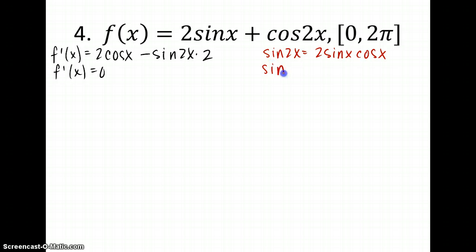And you can verify that property by splitting 2x into x plus x and then using one of our expansions from chapter 1. So 2 cosine x minus 2 times 2 sine x cosine x.